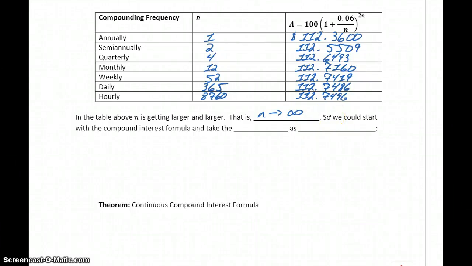So we could start with the compound interest formula, which is for n compounding periods per year, and take the limit as n goes to infinity, since what we want is for n to be approaching infinity.